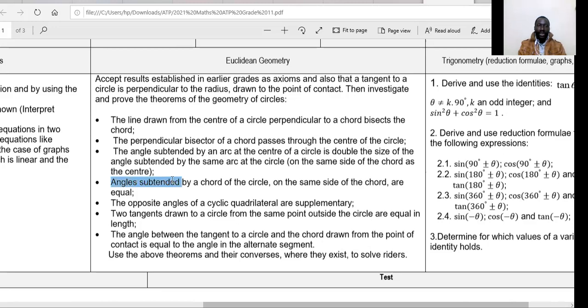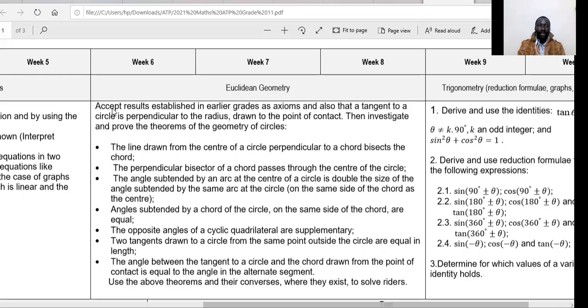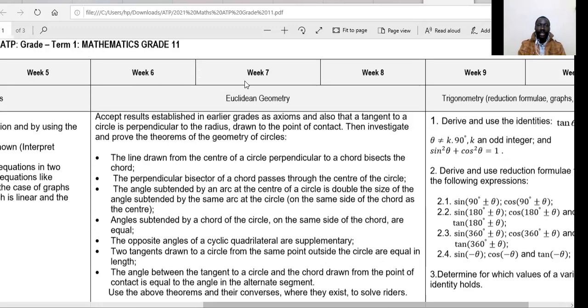Then angles subtended by a chord of a circle on the same side of the chord are equal. So these are the things that we will be studying in Euclidean geometry, which is supposed to be from week 6 to week 7, then to week 8.